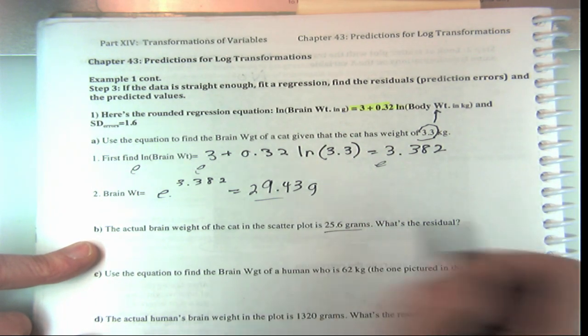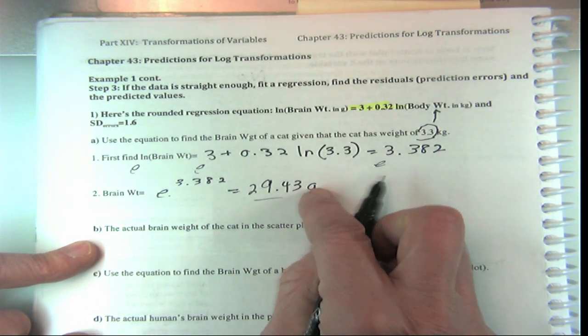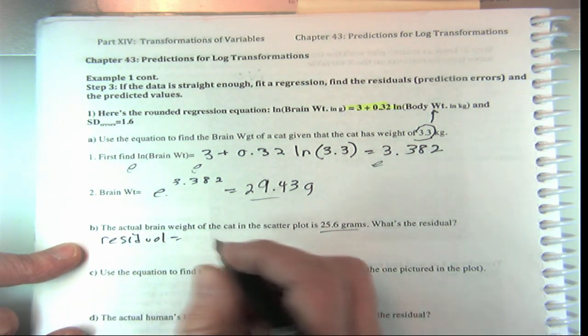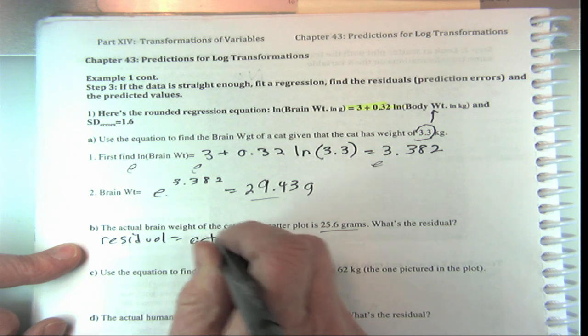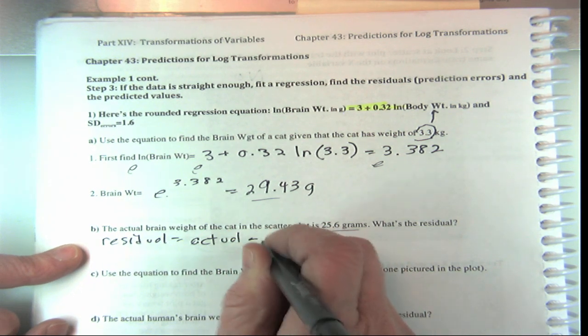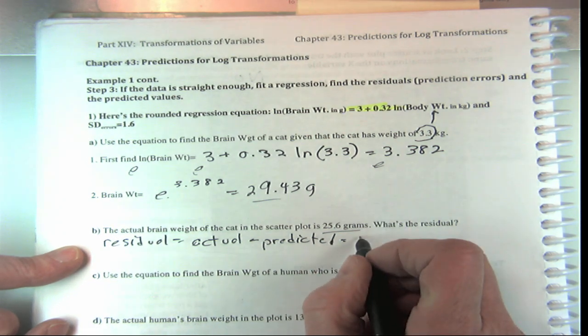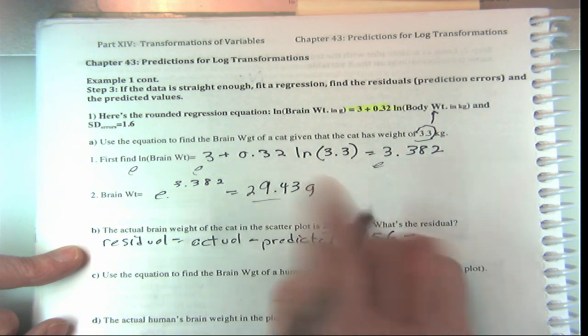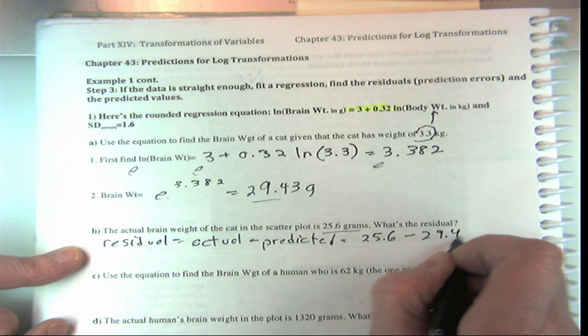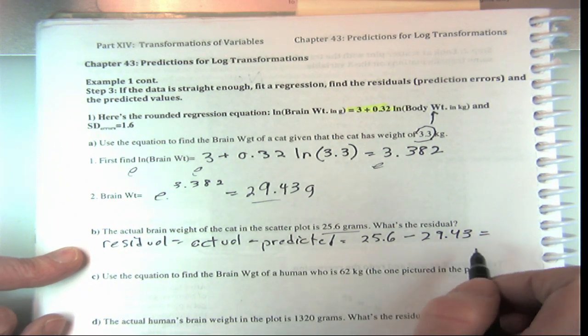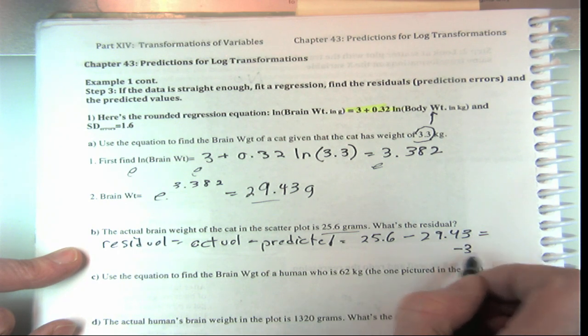So this is the actual, that's our predicted. So the residual, the error, is equal to the actual minus the predicted, as usual, which is equal to what? 25.6 minus that. So the cat's a little bit below the line, but it was pretty close.